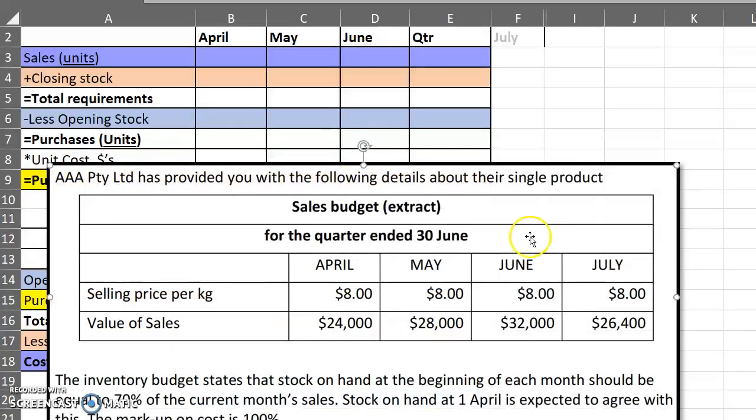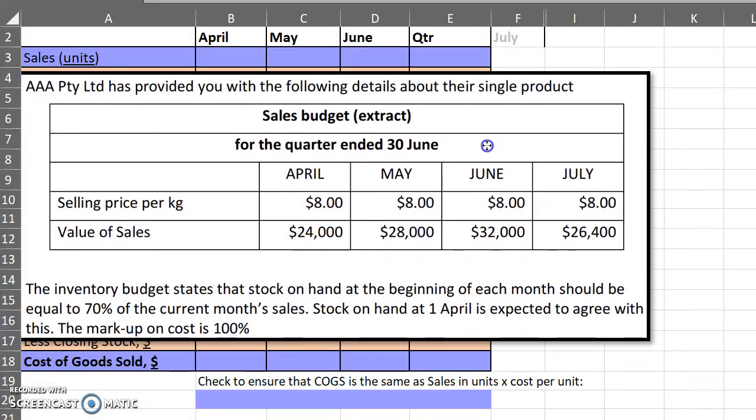First of all, we are not given the sales in units. What we're told instead is that the company is planning to generate $24,000 worth of sales. We also know that per each kilo, the company is planning to charge $8. Therefore, we can calculate the total number of kilograms of whatever it is the company is selling.